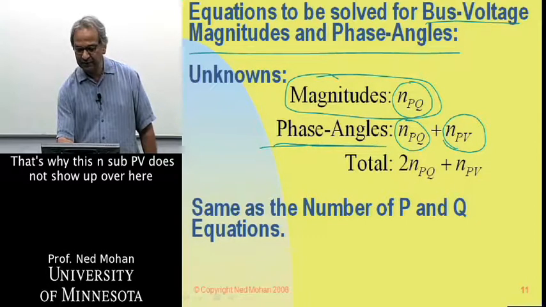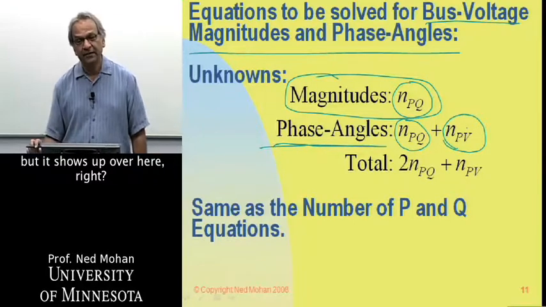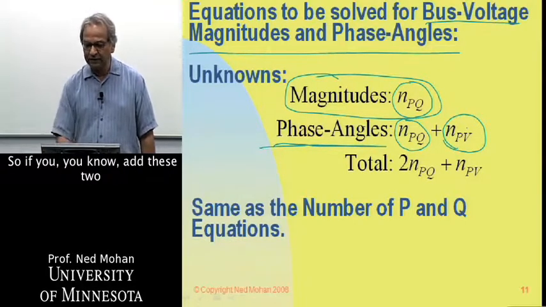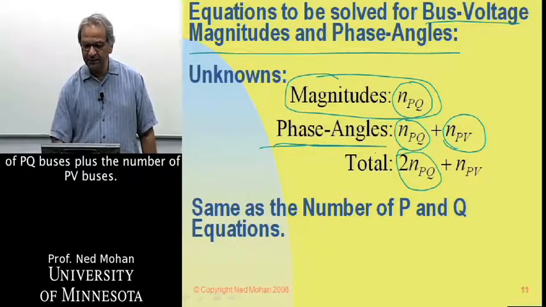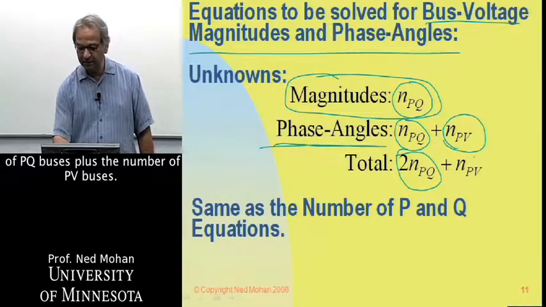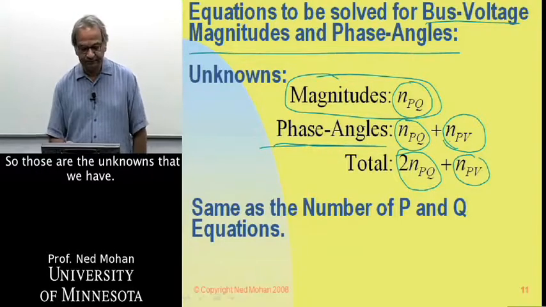That's why this n_PV does not show up over here, but it shows up over here, right? So if you add these two up, we have 2 times the number of PQ buses plus the number of PV buses. So those are the unknowns that we have.